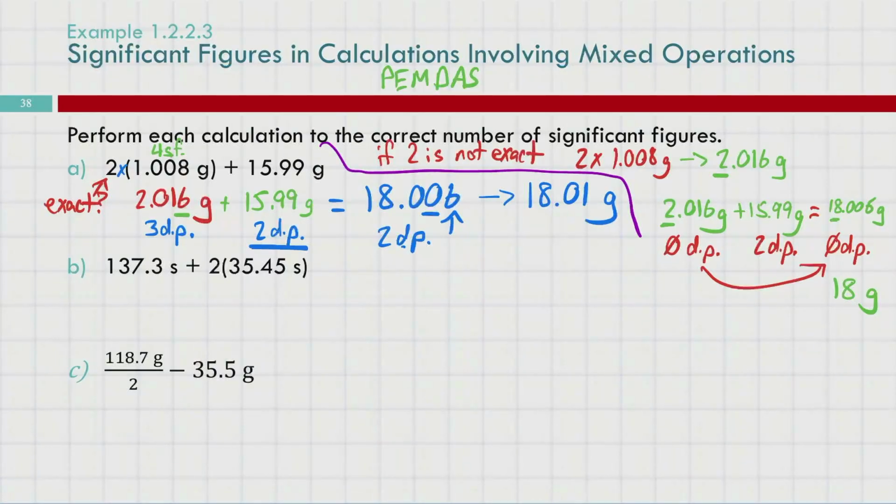Question? How would we know if the 2 is not exact? If it was from an equation, then the 2 would probably be exact. Usually in equations, if it's a whole number, it's an exact number. I can't think of a scenario where we would have this specific combination. Maybe we had 2 items that, no, that would be exact.